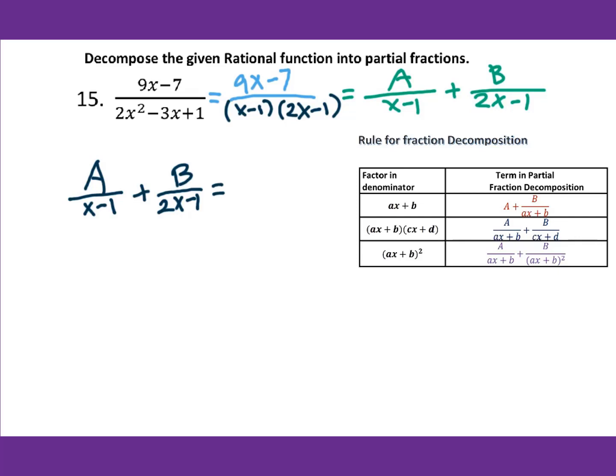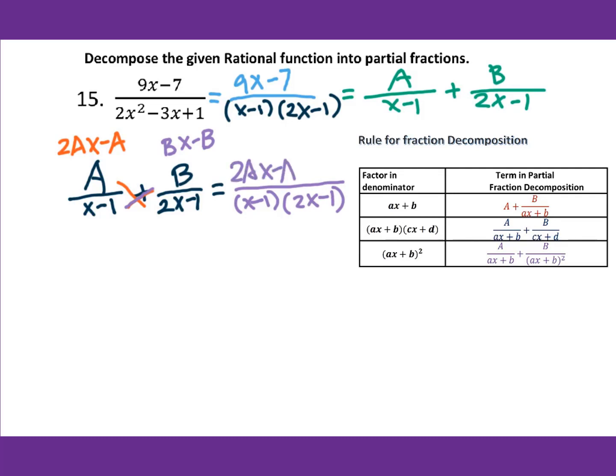Multiply the denominators, then cross multiply. For a times 2x minus 1, that's 2ax minus a. For this to multiply, you will get bx minus b. The denominator is x minus 1 and 2x minus 1. Then you will get 2ax minus a plus bx minus b.